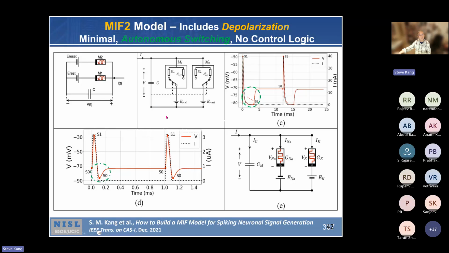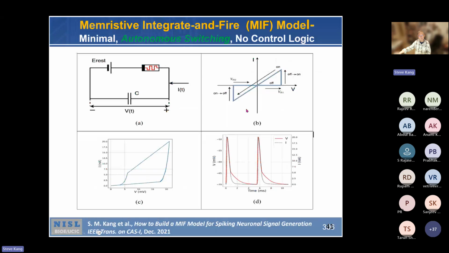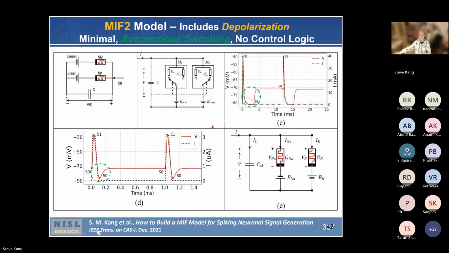That's the beauty, see? Because the memristor has a switching capability itself, right? As we saw here, the memristor can switch depending on the voltage signal going up and coming down. So you got a hint from the Hodgkin-Huxley model, but you cannot realize the complex Hodgkin-Huxley equation with a memristor. But if you use a commercial memristor, you can do that.